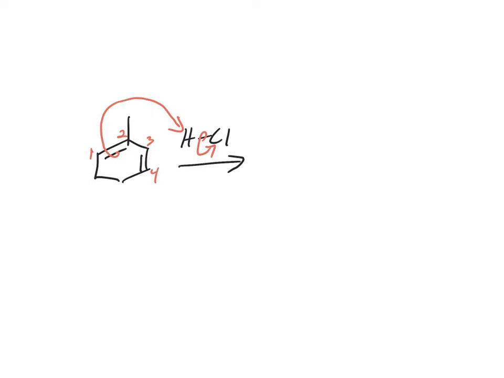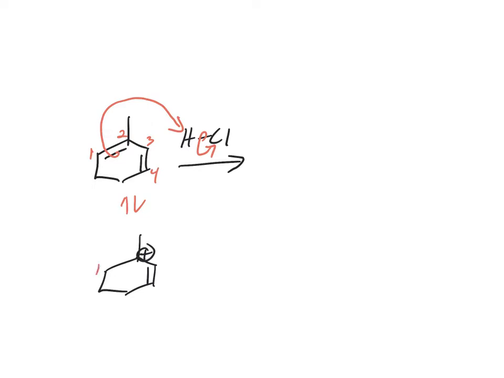Pi bond's a nucleophile. The HOMO, the highest occupied molecular orbital of the pi bond, is actually the nucleophile. It's going to attack sigma star of the hydrogen-chlorine bond, breaking the sigma bond. So what's that first carbocation going to look like? And the plus charge there.